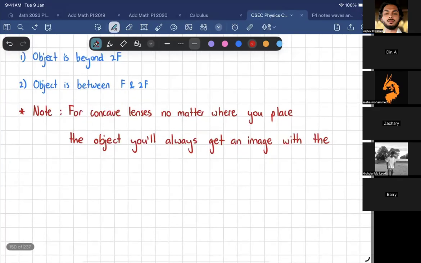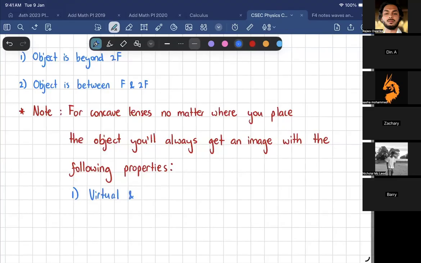Are they probably confused? Like, where does this man pull object and image from? It'll be fine. So the first property, your image will always be virtual and upright.